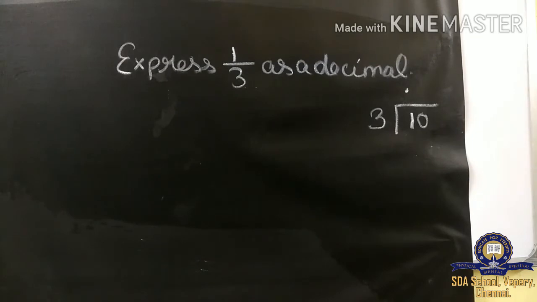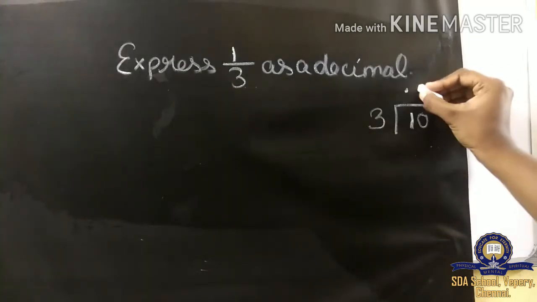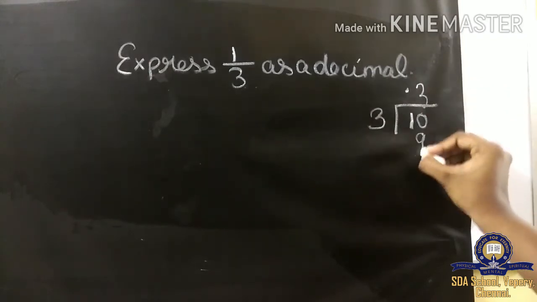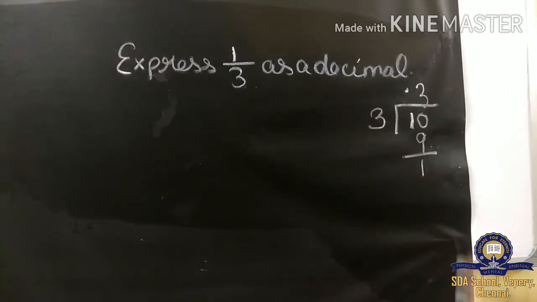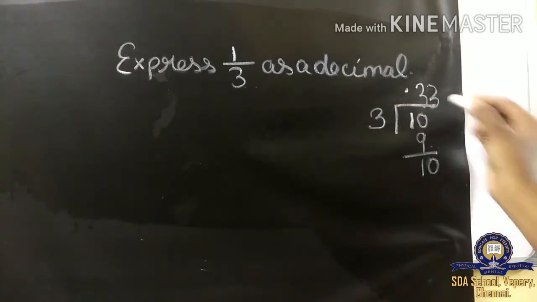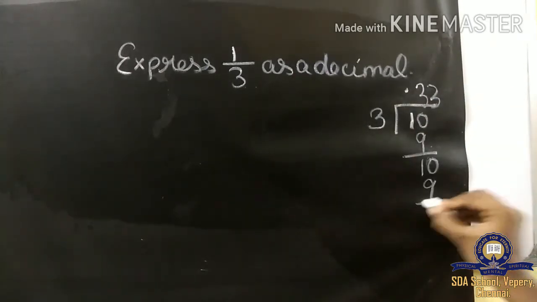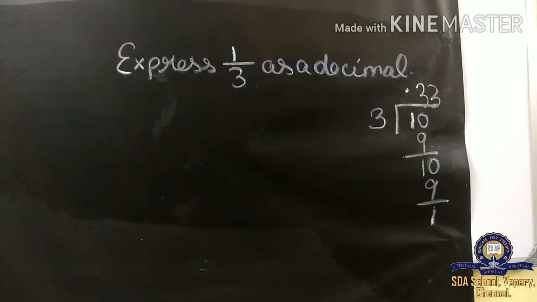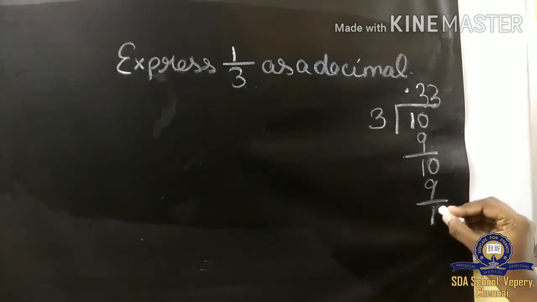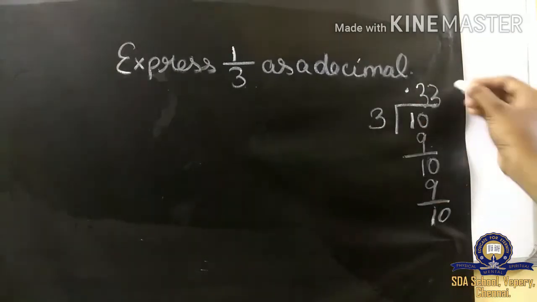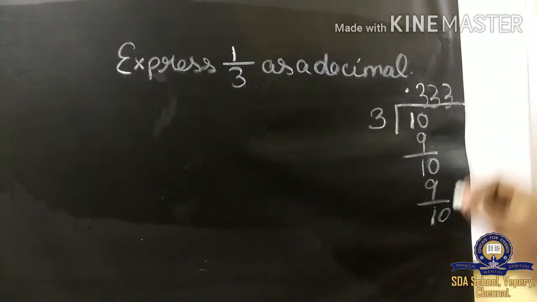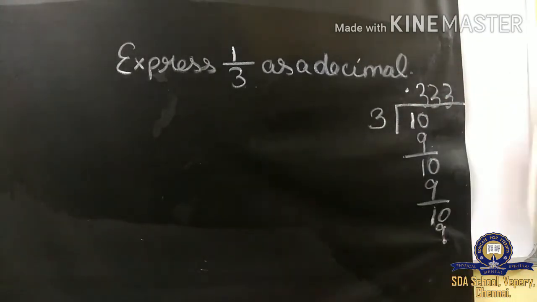In the quotient, you will put a decimal point, right? 3 3s are 9 and balance 1. Here you are going to add one more 0 and 3 3s are 9, and if you subtract, your answer will be 1. And here you are going to add one more 0 and 3 3s are 9. It will go like this.